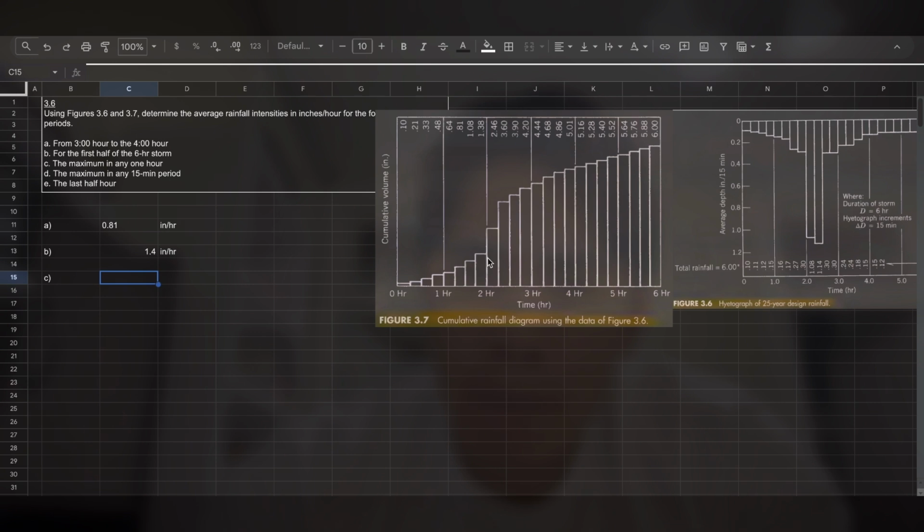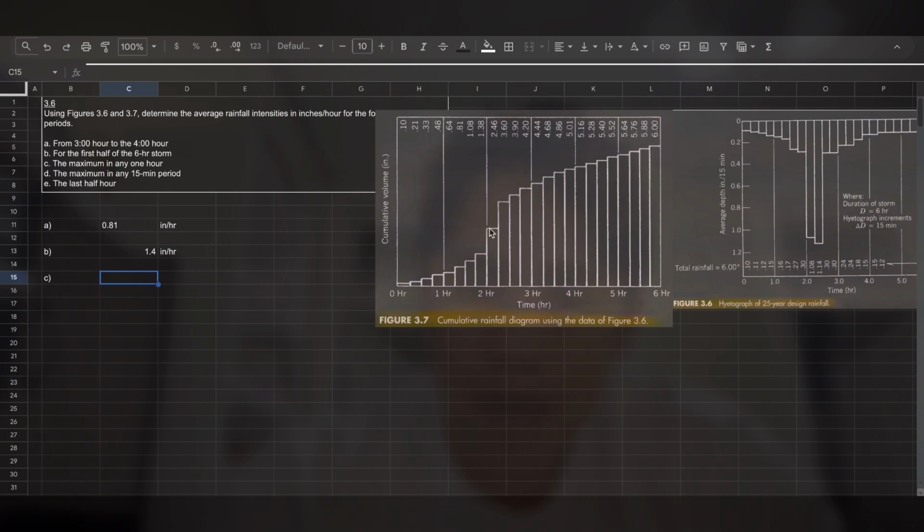So in any hour, the maximum intensity is gonna be where the difference in precipitation is gonna be the highest. So I can see that here the slope is not as steep as from the second hour to the third hour.